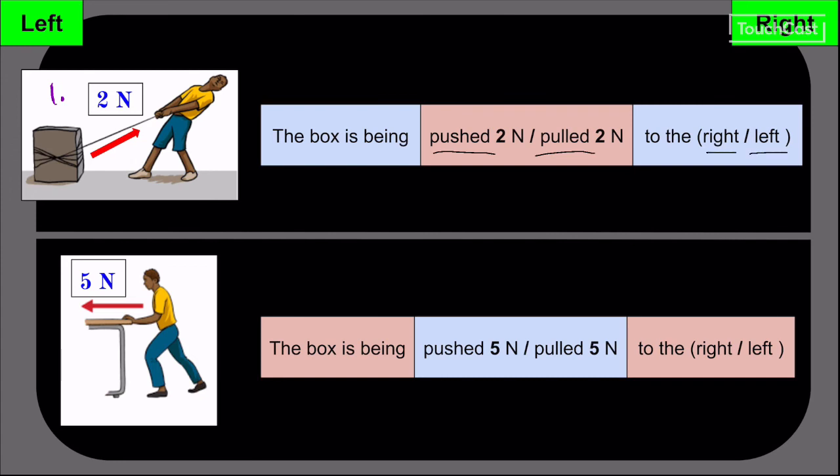So if I look at this first picture, I can see that he is pulling the box 2 newtons towards the right. And in case I forget my left or my right, I have it on the top of this page to help you. I just talked you through the first one.